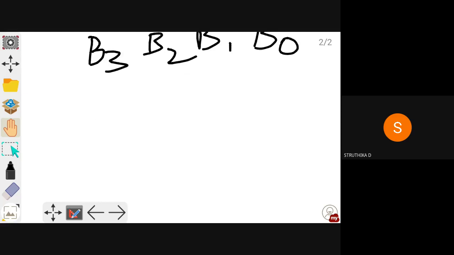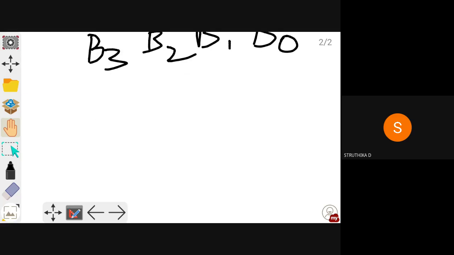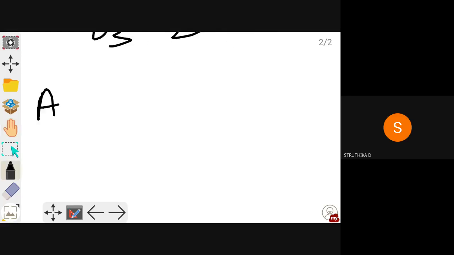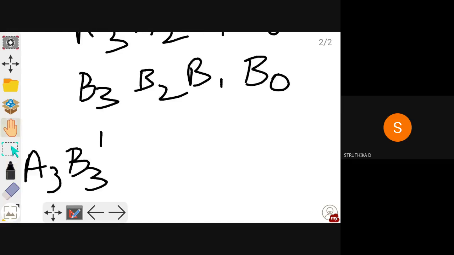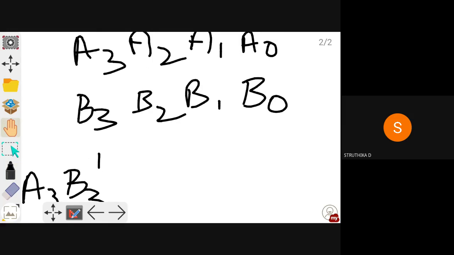So that is a3 b3 dash. You will check the most significant bit. If a3 is 1 and b3 is 0, you can come to the conclusion that a is greater than b.